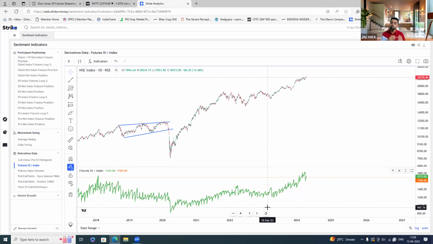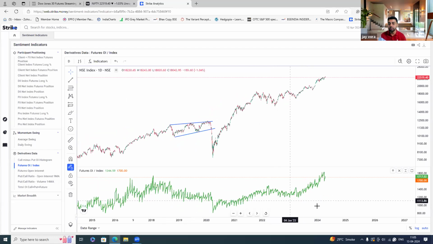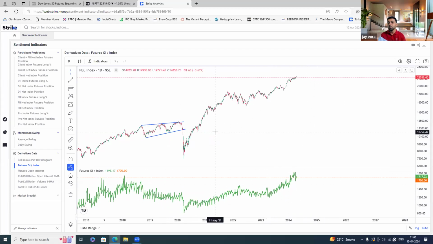Those are all the signs for you to take note of underperformance. And whenever the reversal occurs, you need to be careful because drawdowns could be 20, 30, 40% in a stock, right?